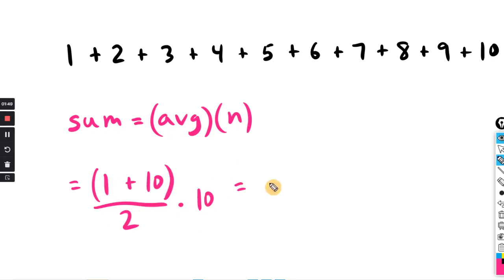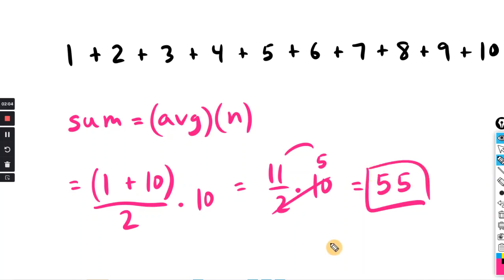So we have 11 divided by 2 times 10. 10 divided by 2 is just 5, and 11 times 5 is 55. If you wanted decimals, 11 over 2 is just 5.5, and that's times 10, the number of terms. So pretty simple formula for the sum of an arithmetic series.